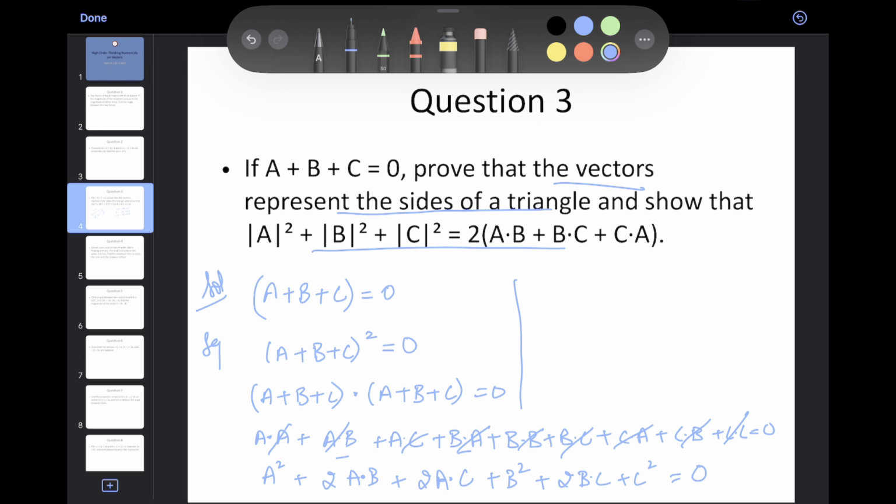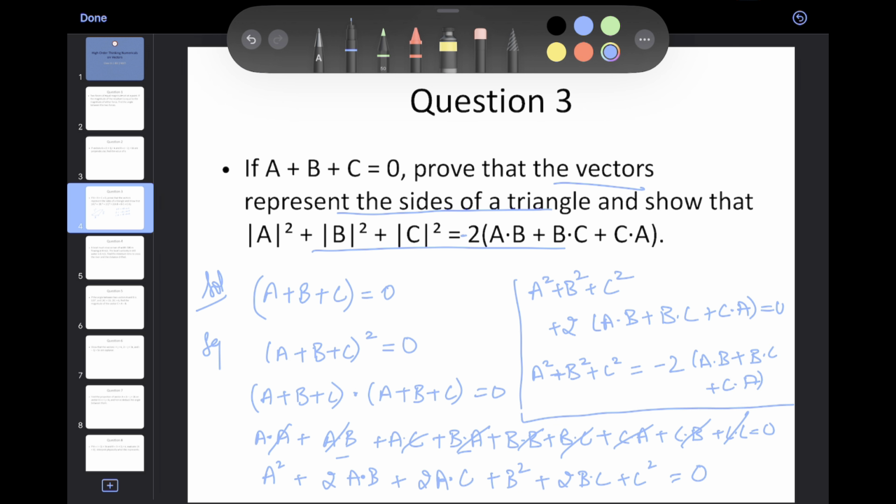Then this is A square plus B square plus C square, and if you take 2 common, it becomes A dot B plus B dot C plus C dot A equals 0. So here should be a minus sign: A square plus B square plus C square is equal to minus 2 times of A dot B plus B dot C plus C dot A.